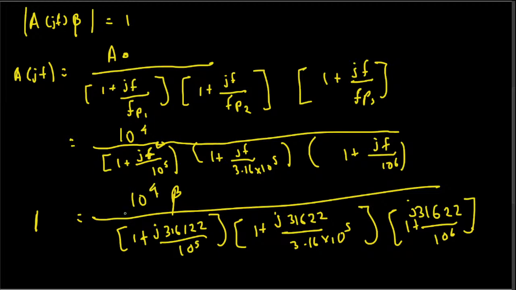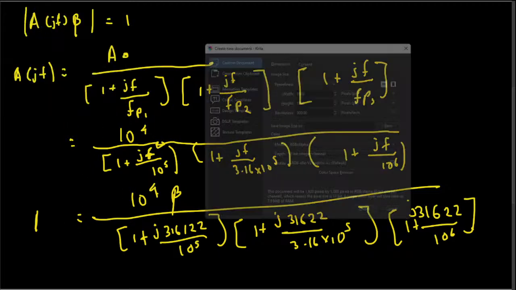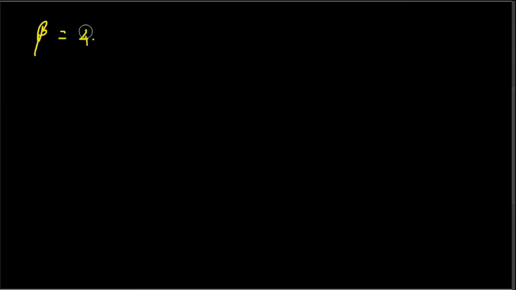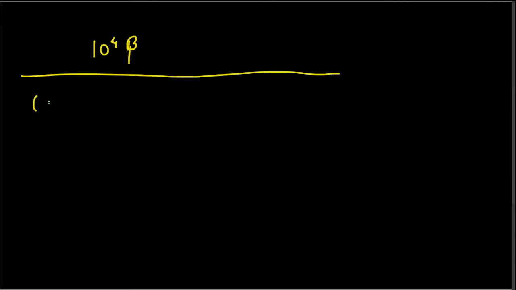If you rearrange and solve for beta from this, you will end up getting beta is equal to 4 point... and also in order to get rid of this j value, you have to square and square root. So let's express that as well before we find out beta. To get rid of the j value, what we do is we put 10 to the power of 4 beta on top, and in the denominator we square and square root all of them.